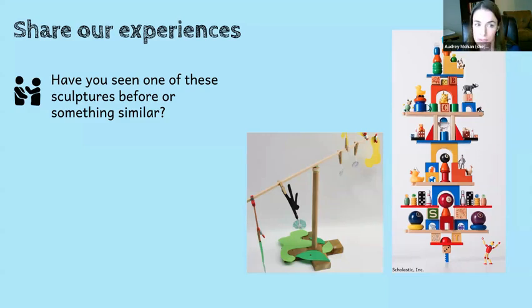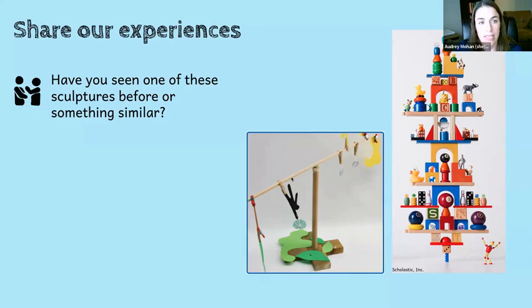Now, we strongly also encourage teachers to put their own pictures on here. If you've ever seen a balance sculpture or a kinetic sculpture somewhere in your community or at an art museum, you could go ahead and add those on here, but these are the two that students are going to engage with in lesson 1. So we have them on this slide. And we just want to elicit their prior experiences. Have they ever seen anything like this before? And we use the word sculpture here.